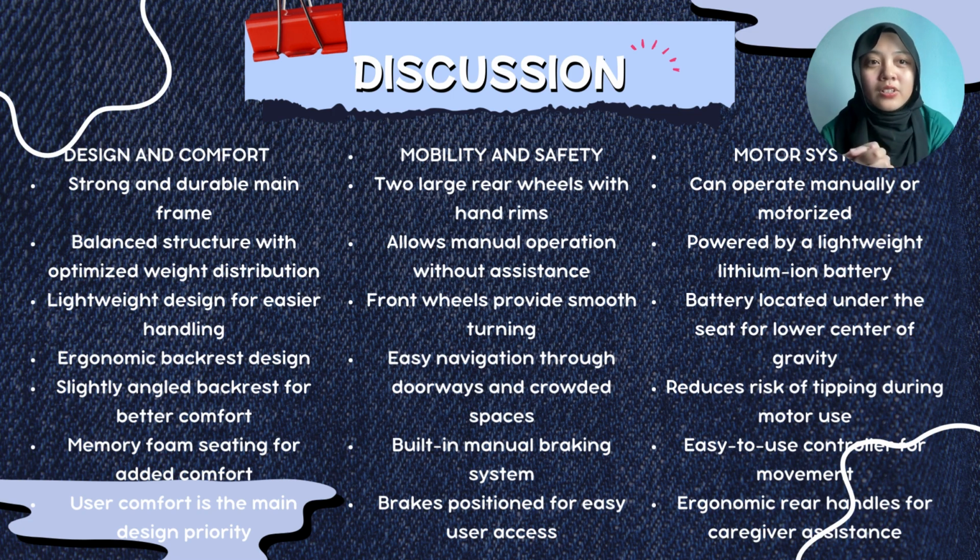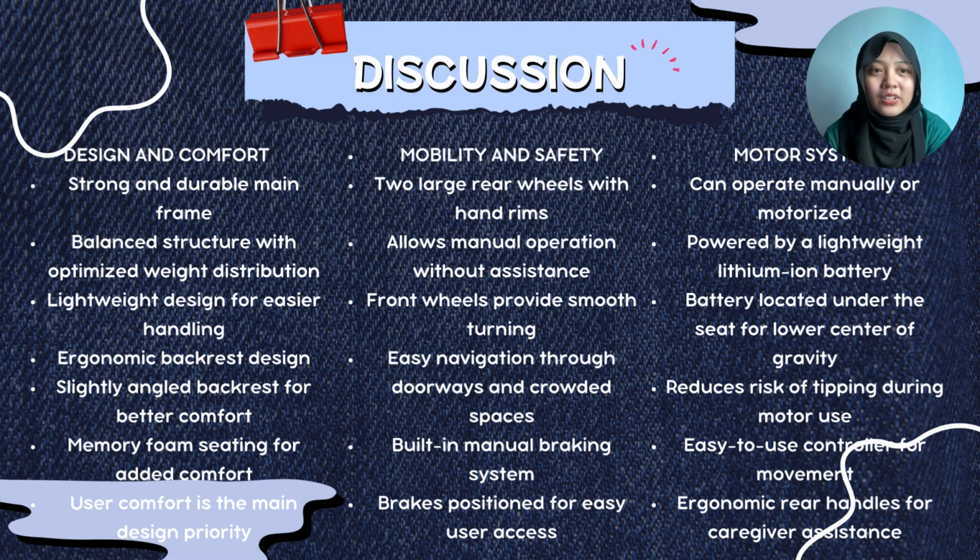So for this part, we decided to go with a two-wheel with handwheel. This handwheel allows manual operation without assistance. There are two front wheels that provide smooth turning, so the user doesn't need to lift the wheelchair and move it to a certain angle.